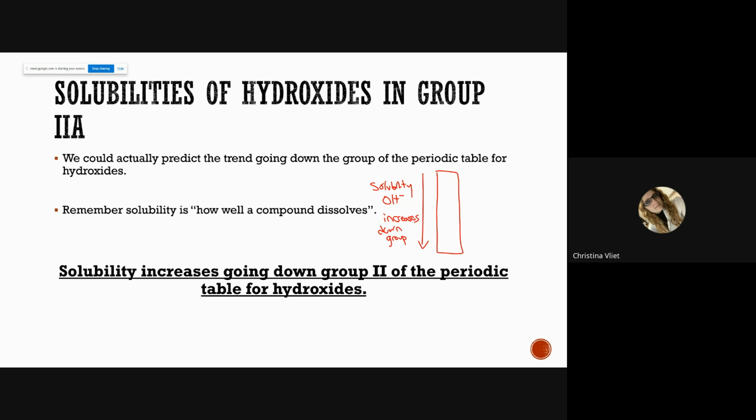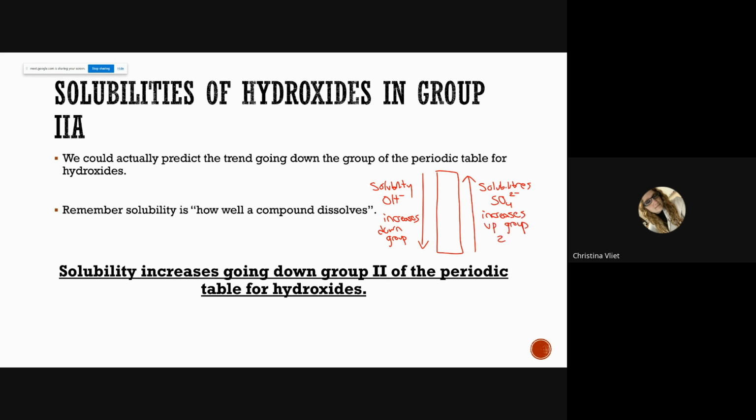And what I want you to memorize is that the solubility for hydroxides and sulfates is exactly the opposite. So if the solubility of hydroxides increases down the group, the solubility of sulfates increases up the group.